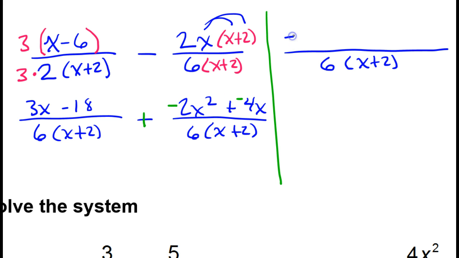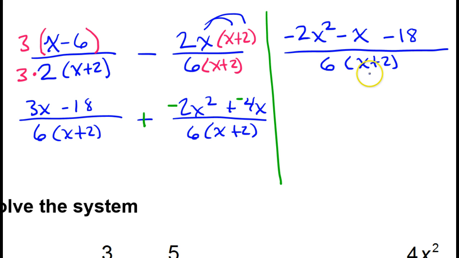So I've got negative 2x squared. That's going to go in the front. There's no other quadratic term. There's nothing else that has x squared. Now I'm going to do the linear terms, the x terms. So 3x and negative 4x, that just makes negative 1x, or just negative x. And then I've just got the negative 18. So that's just minus 18.